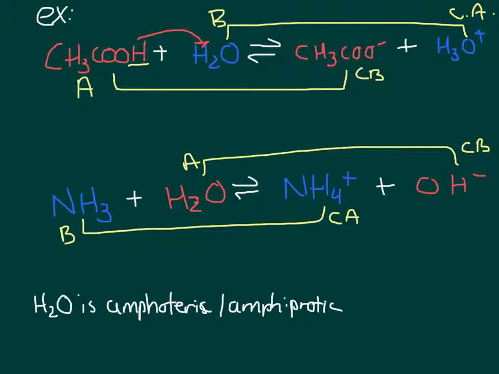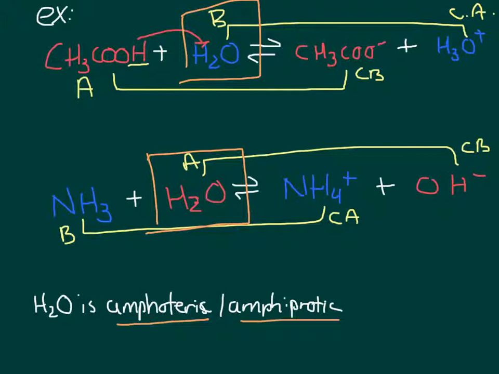Now, something you may have noticed here is that water is present in both, and in the first reaction it's acting as a base. In the second reaction it's acting as an acid. Well, water is one of these compounds that have the ability to work both sides of the equation, and we call this amphoteric or amphiprotic. That means it can act as an acid or it can act as a base.